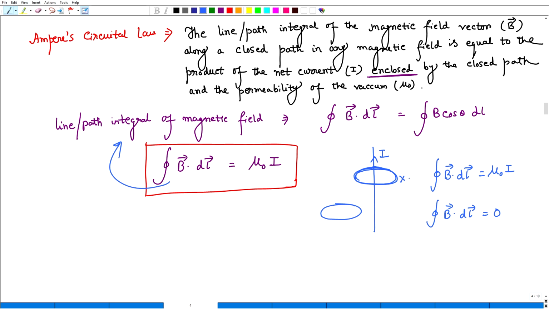This loop, let us say x1, this loop x2, then for x1 it is mu naught I, for x2 it is 0. So, this is the significance of the Ampere circuital law. Thank you.